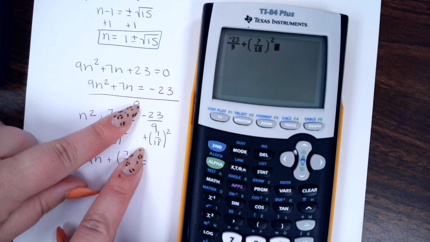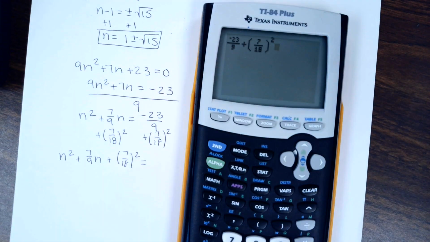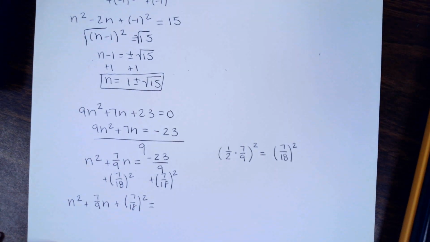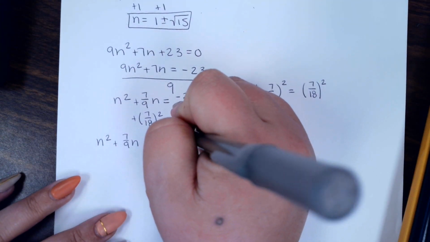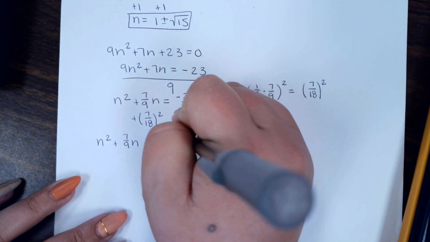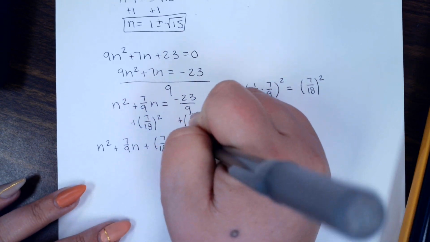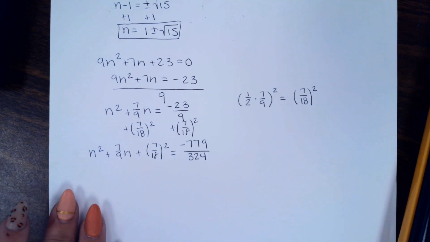So this is this in our calculator. We get -779/324. Now that is simplified, so that's as far as we can simplify it. -779/324.